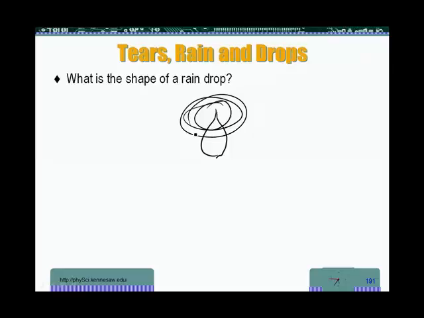Objects, naturally, and this might take more advanced physics to learn that, but the shape that objects would take naturally, if they don't have additional forces acting on them, is going to be the spherical shape, because the spherical shape will result in the least amount of interaction between the matter making up the object and the outside. Now, if it is water, the spherical shape would result in the least amount of interaction between the water molecules and the air.